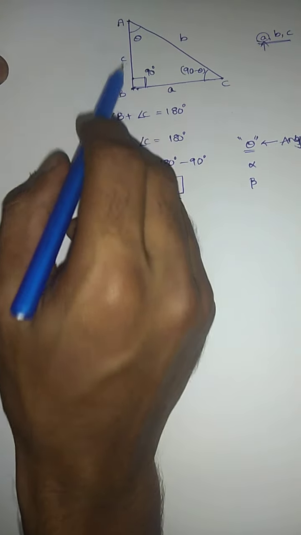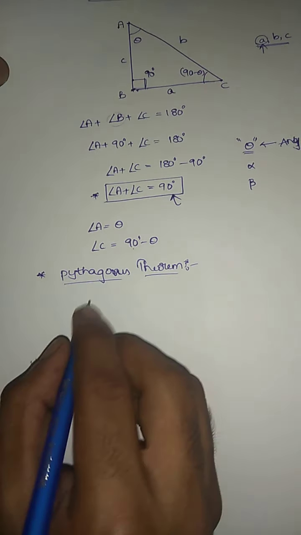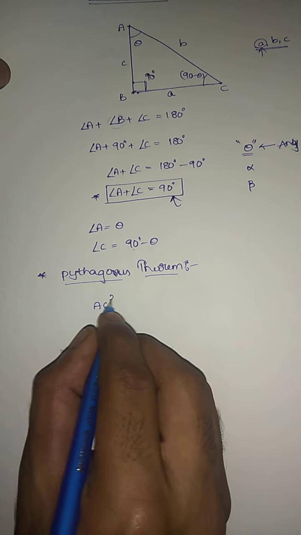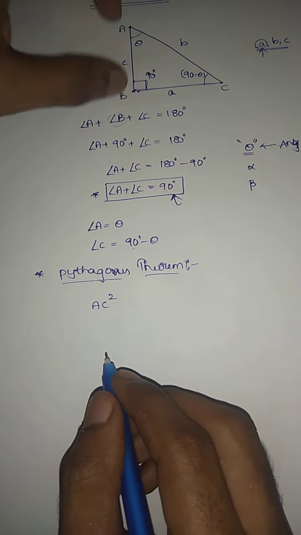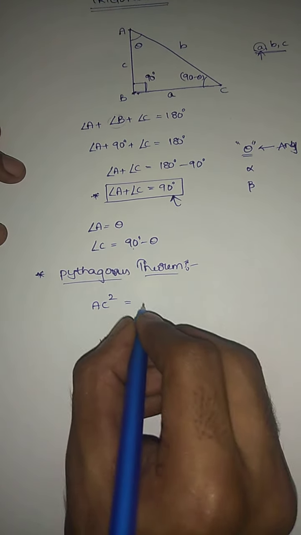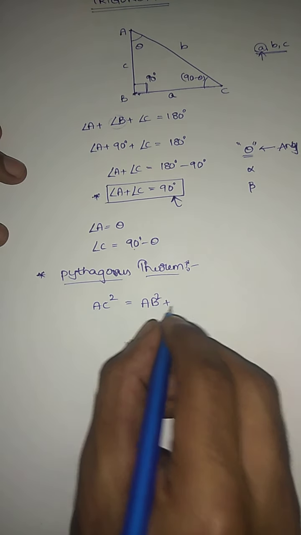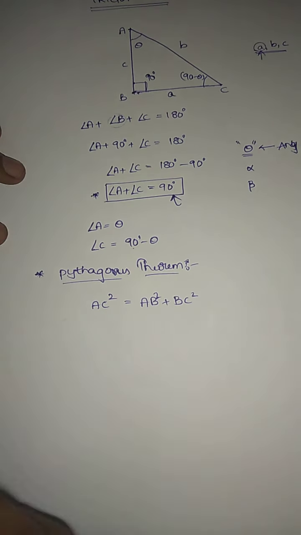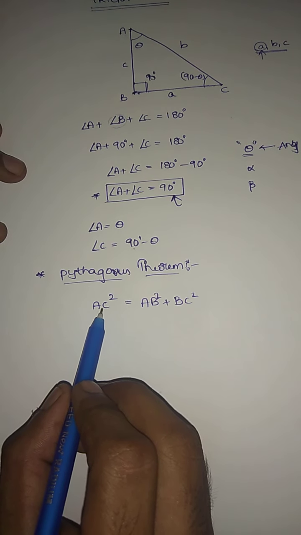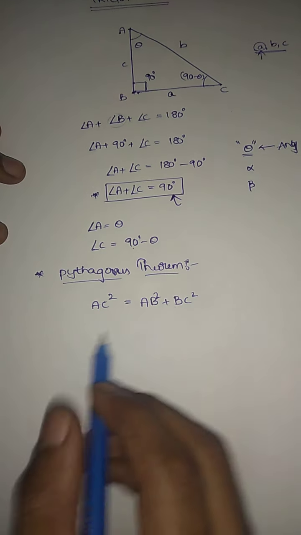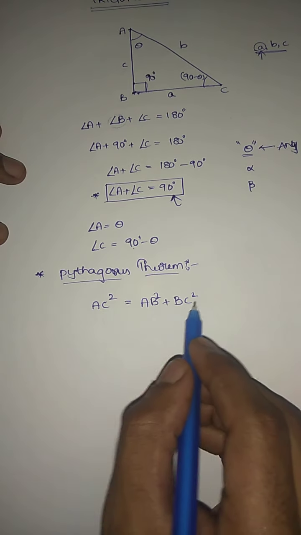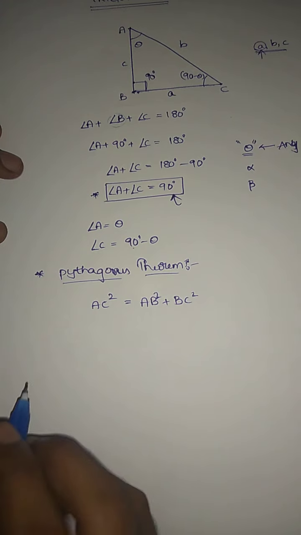If we consider right angle triangle ABC, then the square of the hypotenuse, that means AC square, where the hypotenuse is AC and these are the remaining two sides, is equal to AB square plus BC square. If we square the hypotenuse, it will always be equal to the sum of squares of the remaining two sides. Got it?